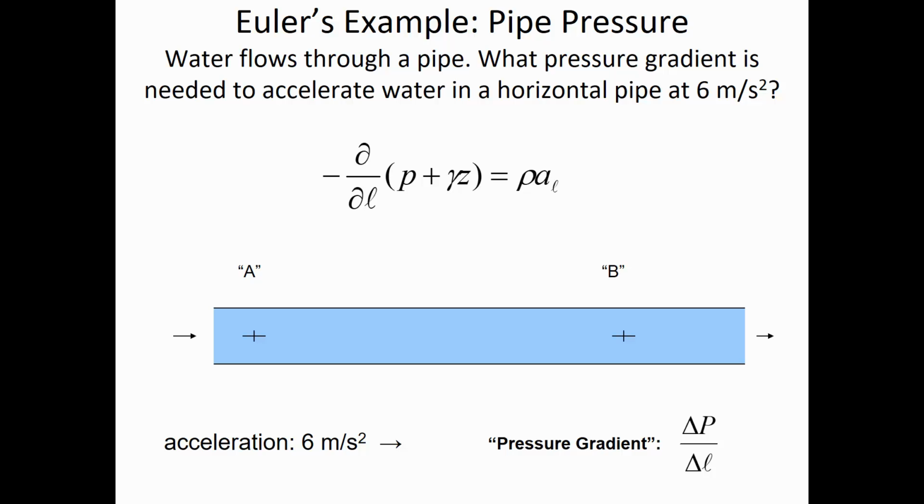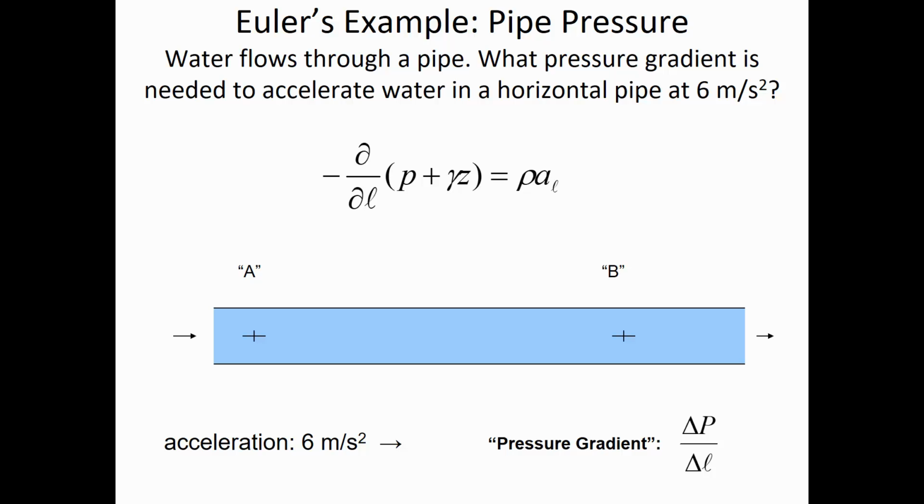Okay. So if we look at the units there, it's going to be minus 6,000 kilogram meter per second squared per cubic meter. Kilogram meter per second squared is a Newton.